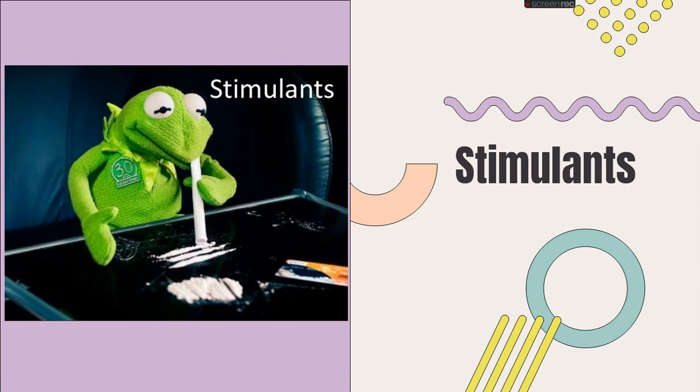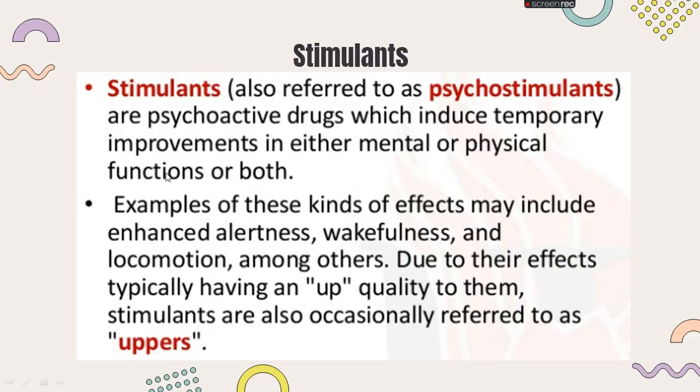Alright, then we have stimulants. Most of the stimulants are used this way, as you can see. Stimulants are the opposite of the downers, so they are the uppers. They are also known as psychostimulants, wherein it might induce temporary improvement in either mental or physical functions or both.